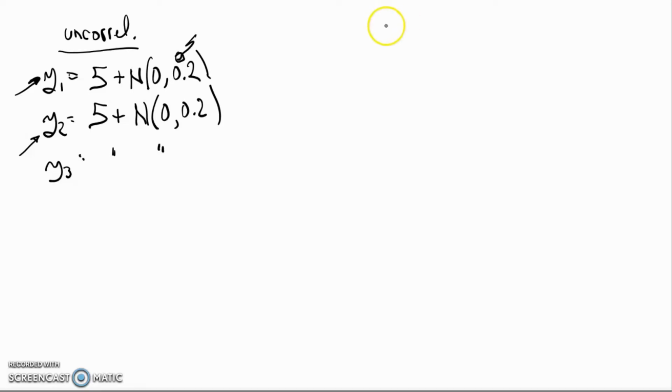So now I want to think about autocorrelated data. I'm going to simulate some of those, and I'm going to start off with y1 just as before. Start off with the expected value of 5 and add to it a residual, which I'm going to say is normally distributed with mean 0 and standard deviation 0.2.